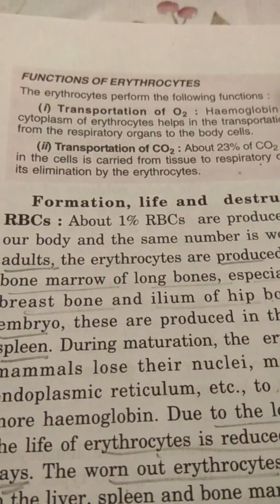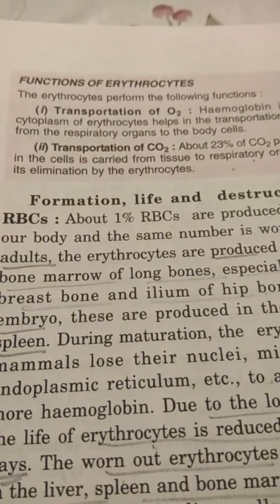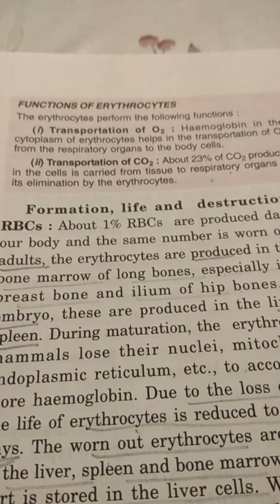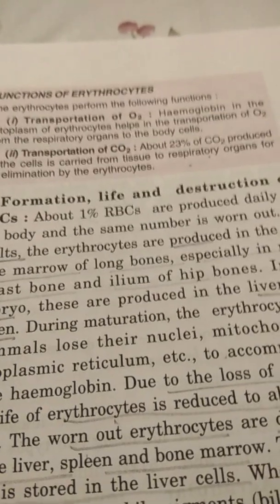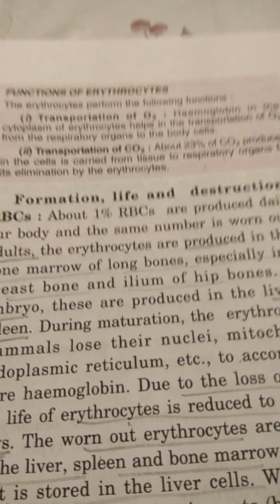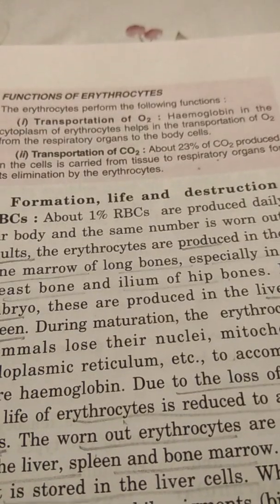The red blood cells perform the following functions. It helps in transportation of oxygen. Hemoglobin in the cytoplasm of erythrocytes helps in the transportation of oxygen from the respiratory organ to the body cells. So red blood cells will absorb oxygen.